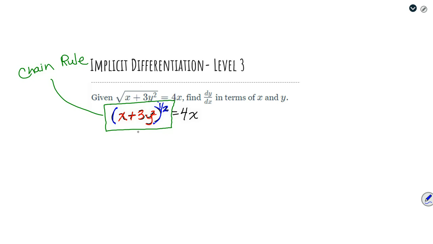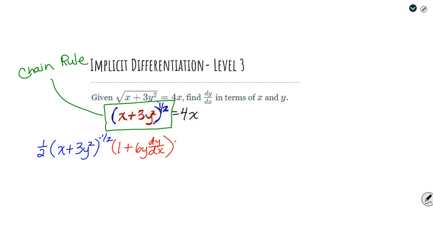All right, so let's take the derivative of the left side. Derivative of the outside function will be 1/2 with the parentheses. Subtract 1 from 1/2, we get negative 1/2. And then just carry down what's inside the parentheses, times the derivative of the inside part. Derivative of x would be 1. Derivative of 3y squared would be 6y dy/dx.